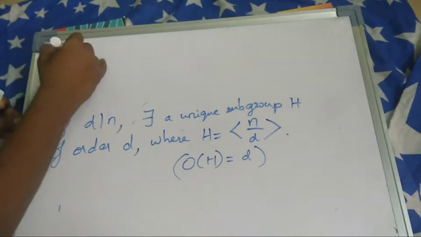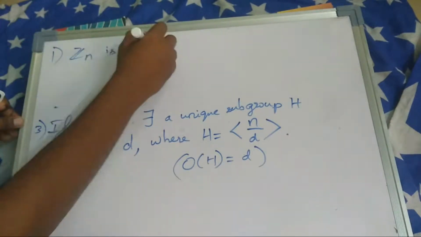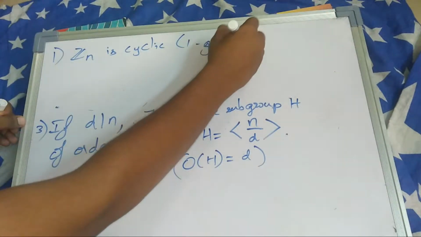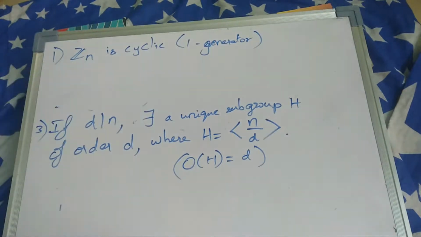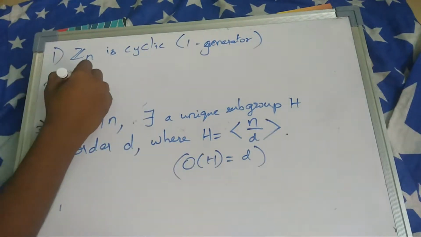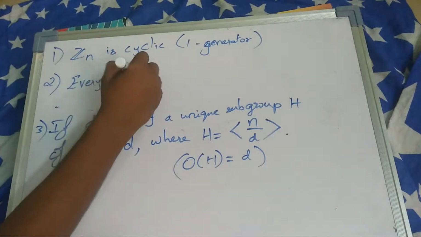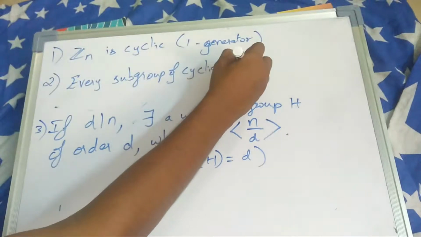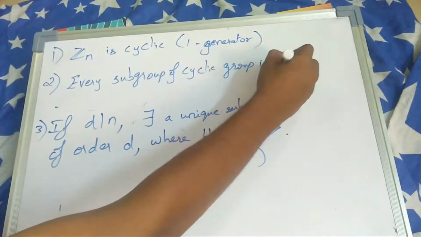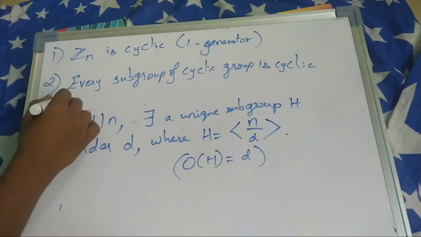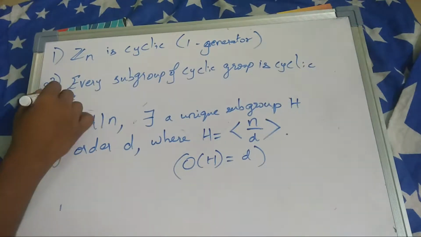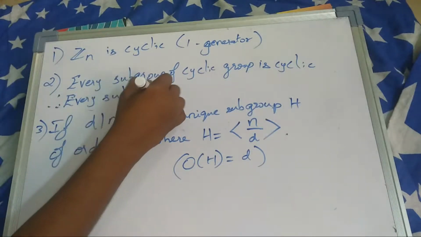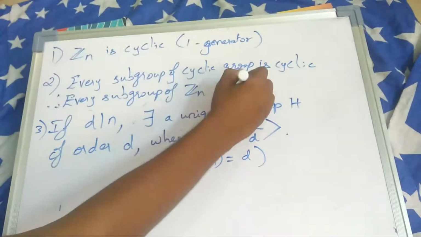The first point is Zn is cyclic, and 1 is a generator. Number 2, every subgroup of a cyclic group is cyclic, and therefore every subgroup of Zn is cyclic.